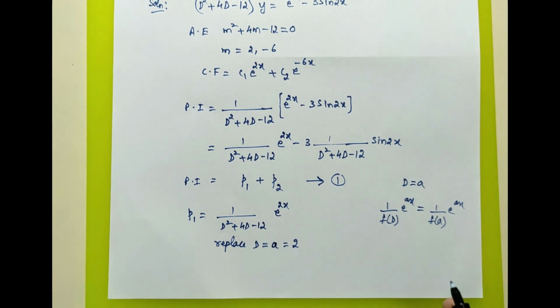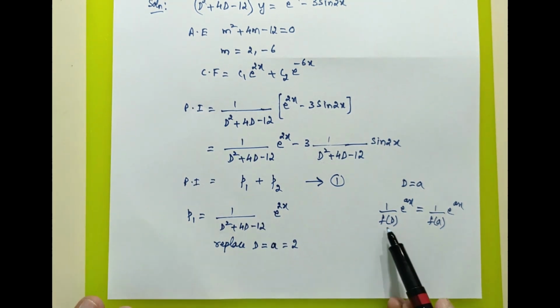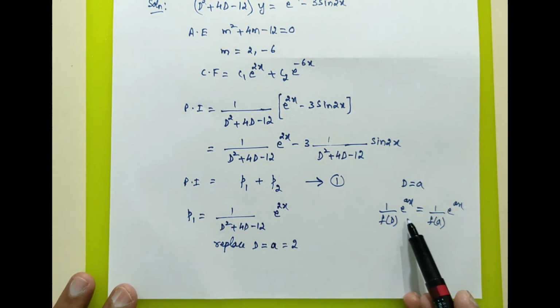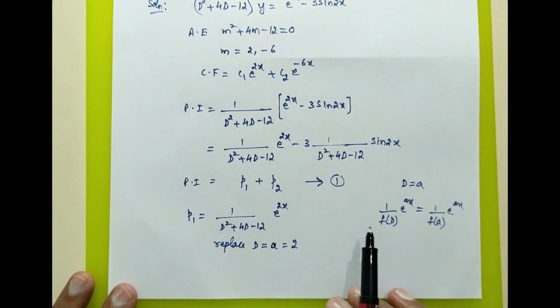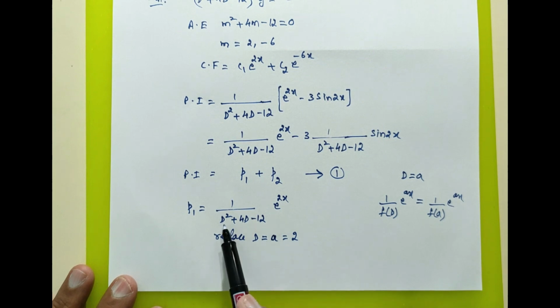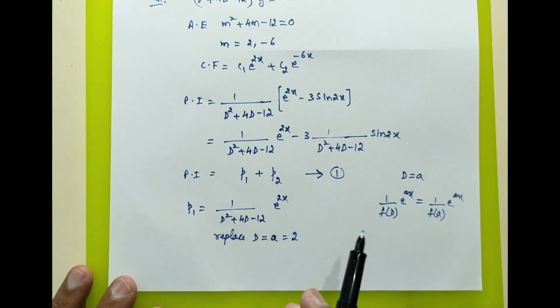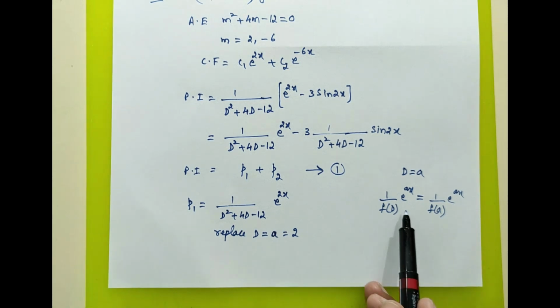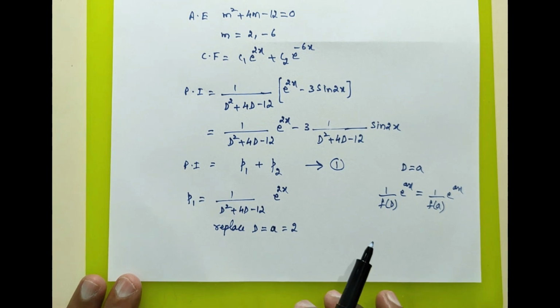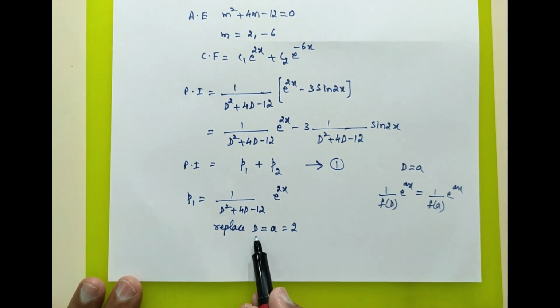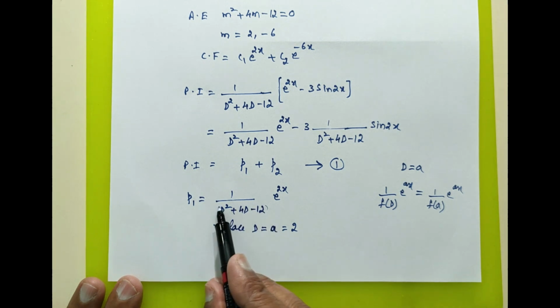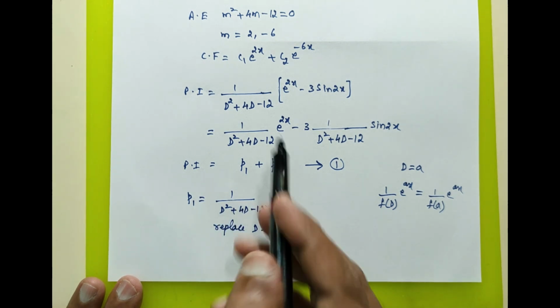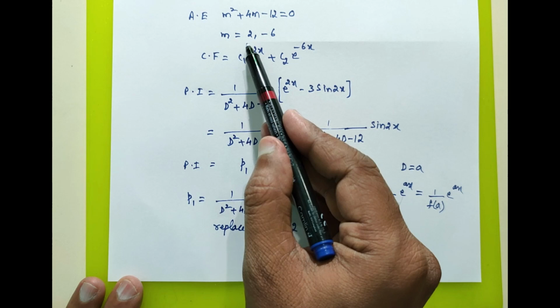I have shown in one of my videos how to find the particular integral of e^(ax) when the denominator becomes 0 and what has to be done. So I'll adopt that procedure. If you want to see the details, you can watch my video on particular integral of exponential function. Now if I replace D by a, which is 2, this value will become 0 because 2 is the root of the auxiliary equation.